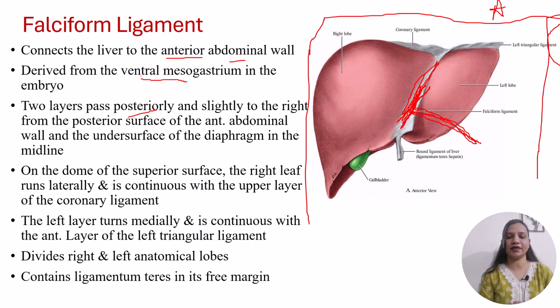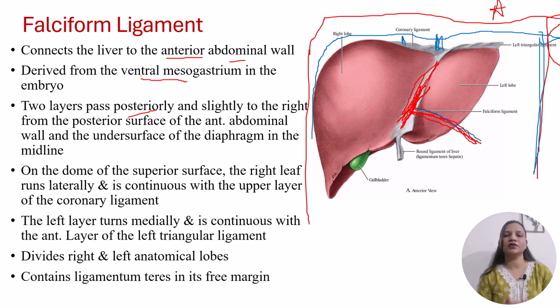If this is the anterior abdominal wall, and this is the diaphragm present superior to the liver, or it covers the liver, the falciform ligament is passing from the posterior surface of the anterior abdominal wall and also from the diaphragm in the midline, the under surface of the diaphragm.